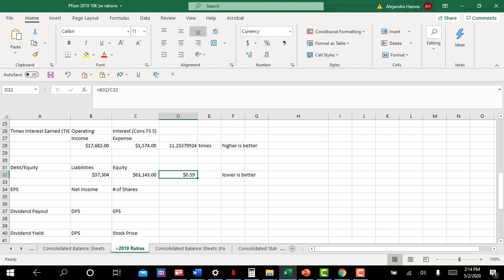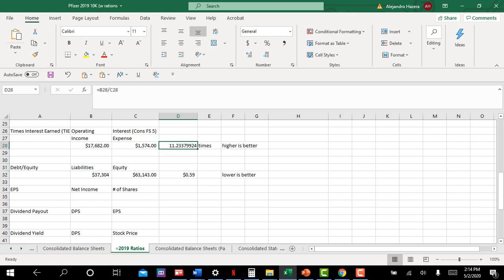Okay, so this is pretty good. For every dollar of ownership, this company has 59 cents of debt, and obviously that looks good to somebody who wants to lend you money. The leverage ratios are very good.